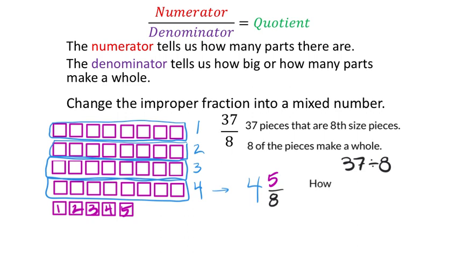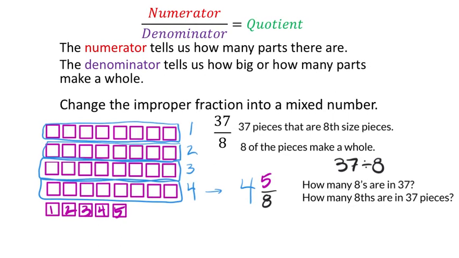The question it's asking is how many 8s are in 37? But more specifically, because we're talking about the sizes of the pieces, how many 8s are in 37 pieces. So there's our question mark, which is why it becomes a division problem like this.